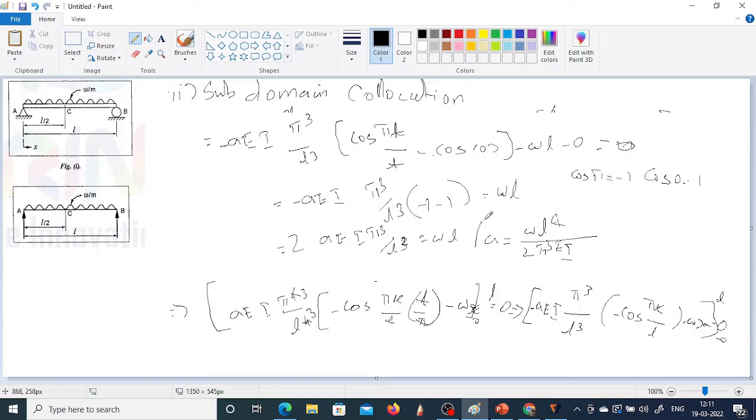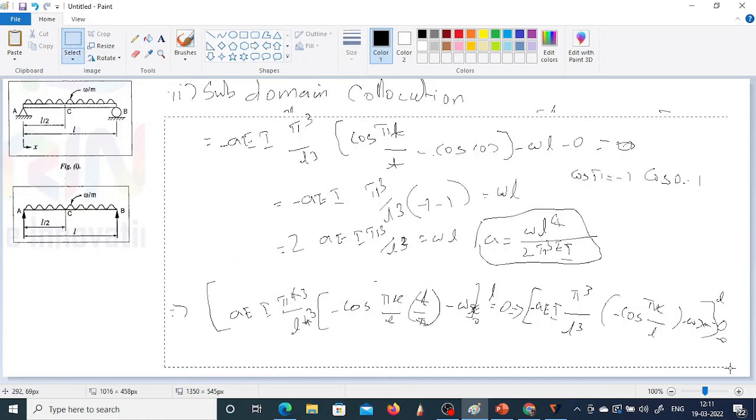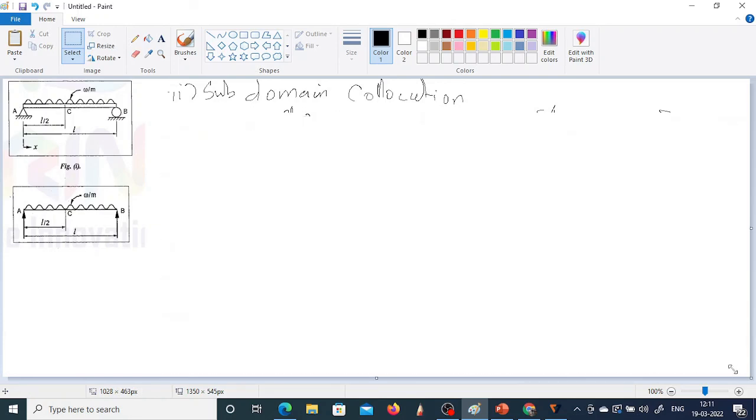I substitute this identified parameter A value into the trial function. So what happens? Let's see.